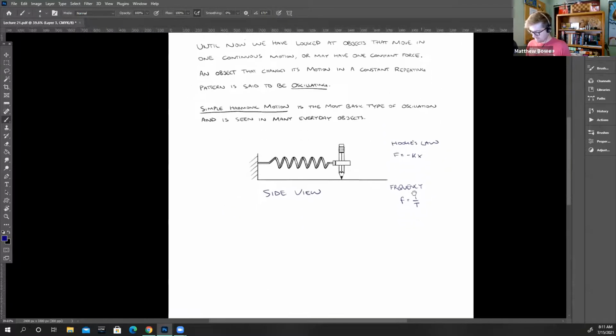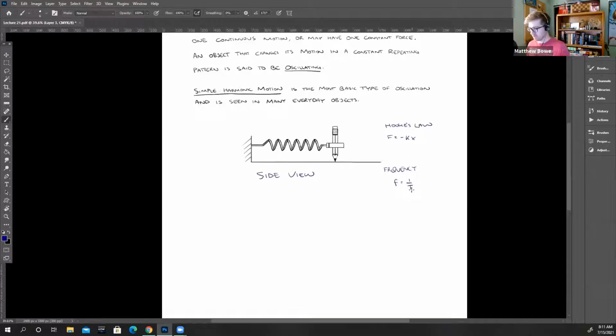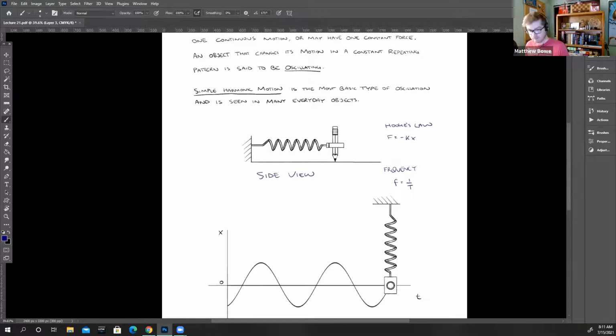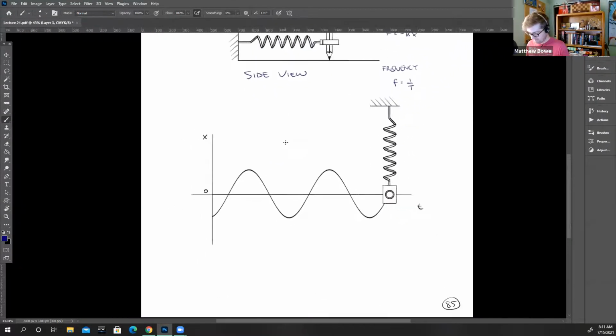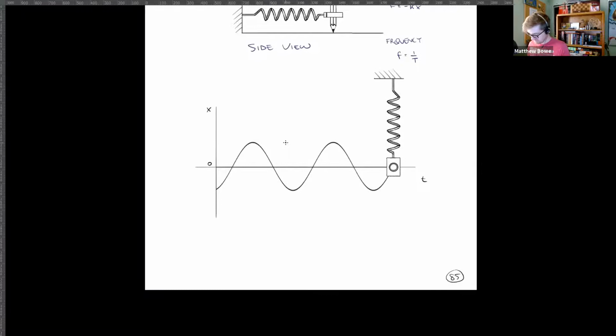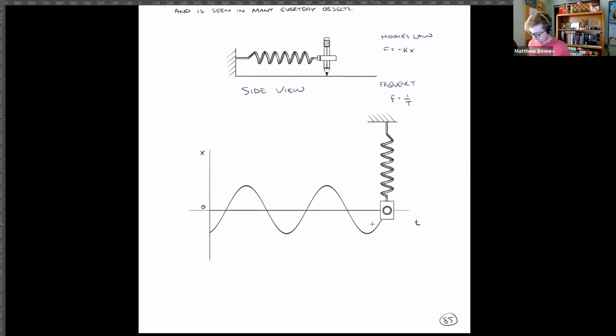Let's take this picture and look at a top view. Let me take this picture, and now we're looking at the top of it. And let's go like that. There we go. And what I'm going to do, you can imagine this pencil is connected to the spring.